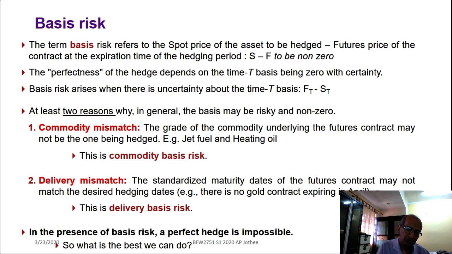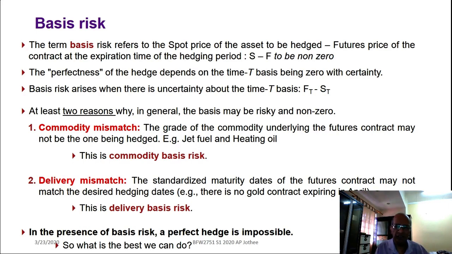The second reason is delivery mismatch. You know very well, futures contracts are highly standardized according to expiration. So the standard maturity dates for the futures contract may not be the desired date of your hedging purpose. For example, there is no gold contract expiring in April. All gold contracts are expiring in June.